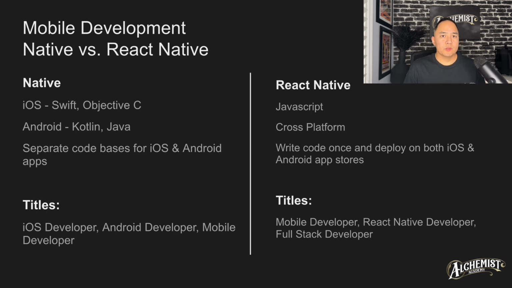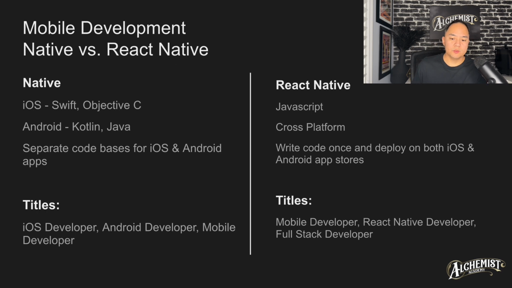As a recruiter, what you want to start to understand is the associated keywords. You want to create a profile for the candidate. So if you see that candidates have, for example, Swift or Objective-C or Kotlin or Java, that's a dead giveaway that that's a native mobile app developer, because those are native iOS and Android programming languages.